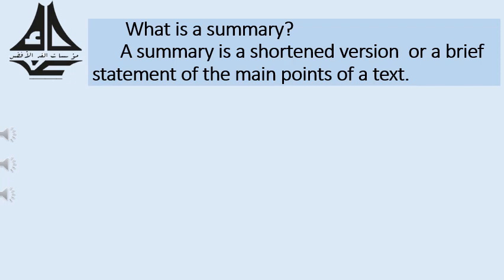Finally, when we want to start with the summary, we start with a reference. This reference could be the writer or any other character in the text. And we also need a reporting verb. And this verb should be used in the simple present tense.